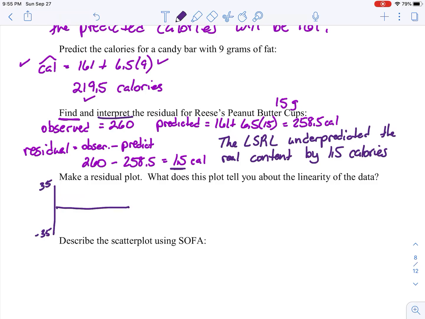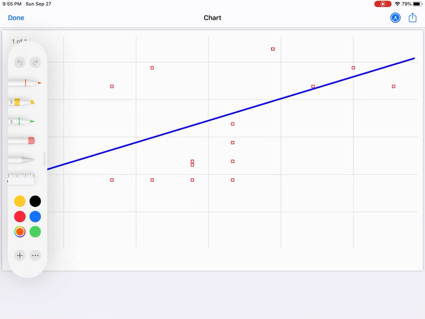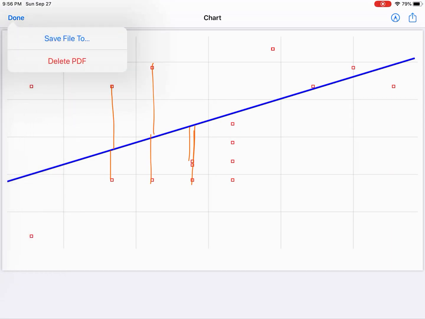All we're going to have to ever do is interpret it. But I wanted you guys to see how it is made. So I've got to get my calculator back open. What we need here is to find out what all of these residuals are. That residual, this distance, this distance. So there's a lot of different distances we have to find here. Okay. So that residuals plot is found.